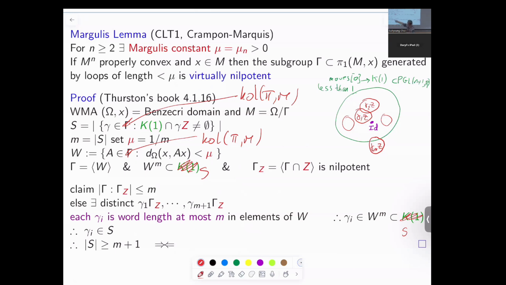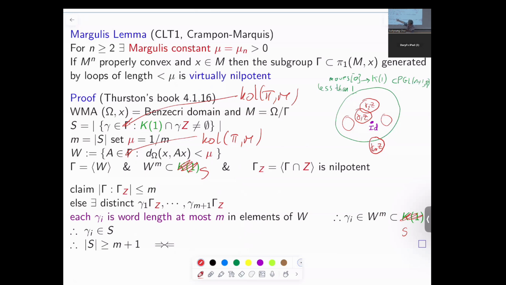So I start off with the identity element times gamma z. If there's another coset, there must be a second coset that is a generating element times gamma z, because W is a generating set for gamma, and if all the generators times gamma z give you the same coset gamma z, then that would mean gamma equals gamma z. So when I go to words of length 1, I have to pick up another coset.